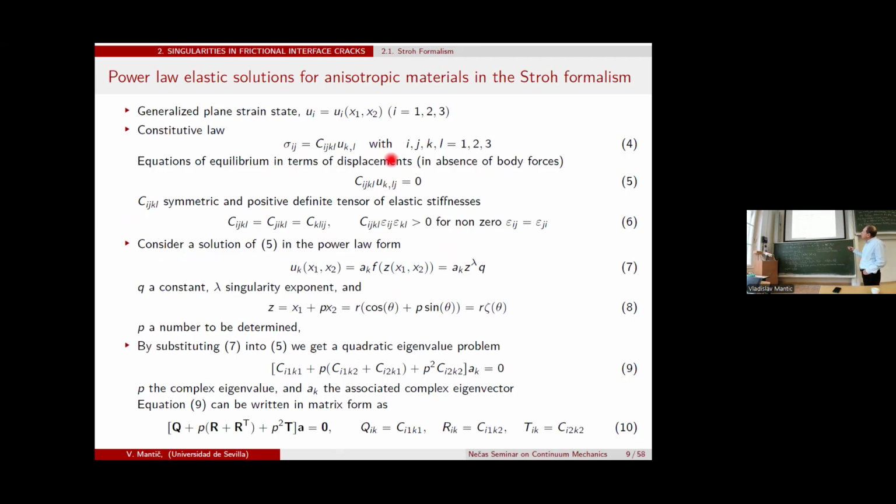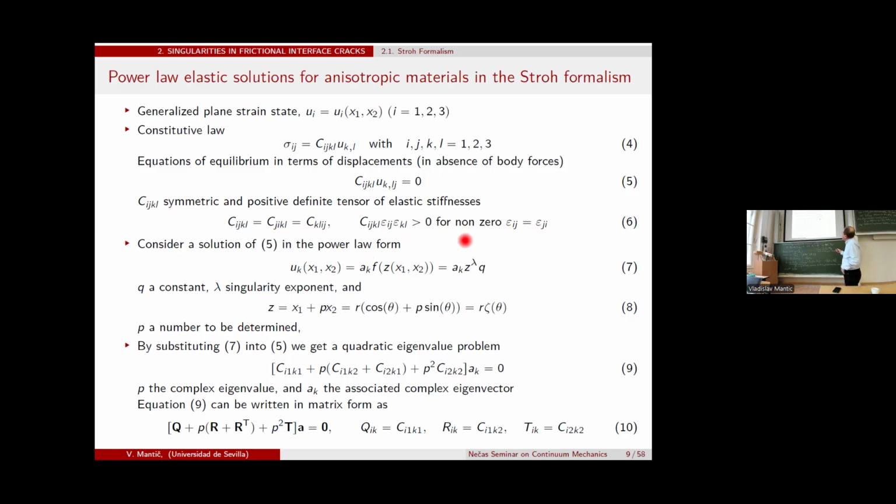We consider an anisotropic constitutive law. This is the equation of equilibrium, a second order linear elliptic boundary value problem. C_ijkl is the symmetric positive definite tensor of elastic stiffnesses.